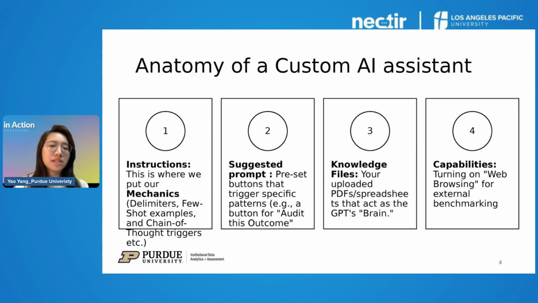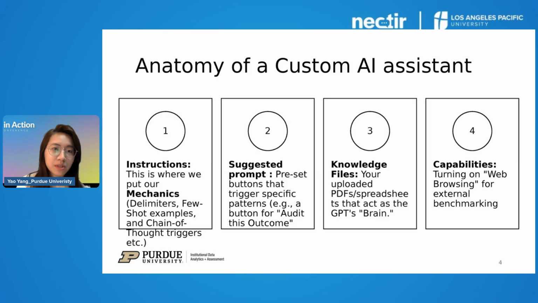And the third one is the knowledge files. We have to upload some important files to your assistant. These documents can be PDFs or spreadsheets. They serve as the assistant's internal knowledge base and allow it to ground its responses in your data.